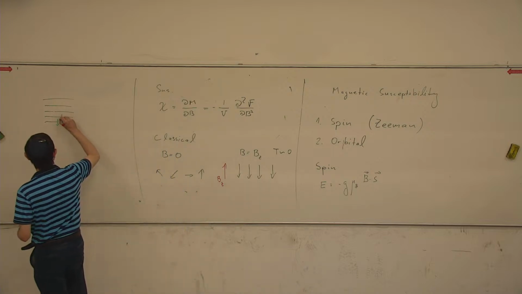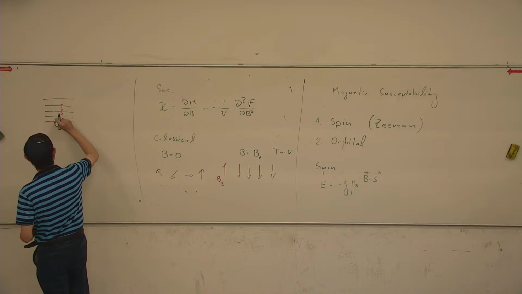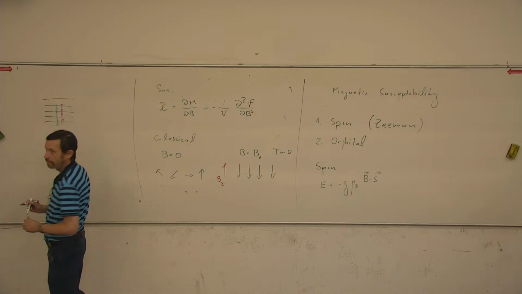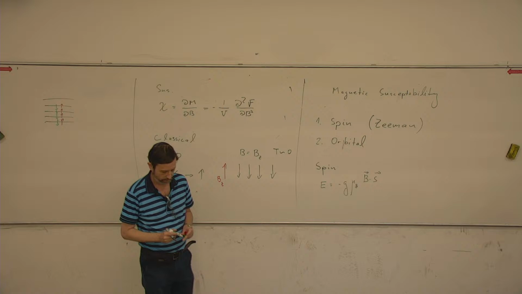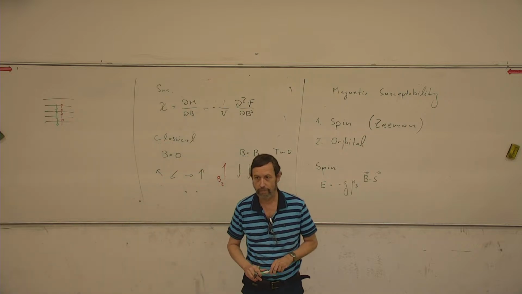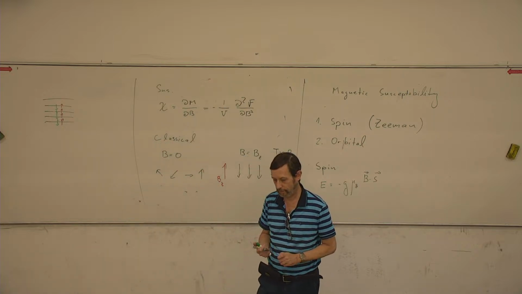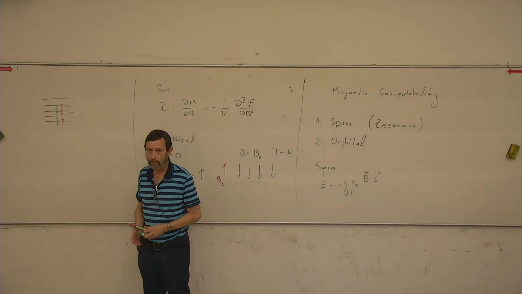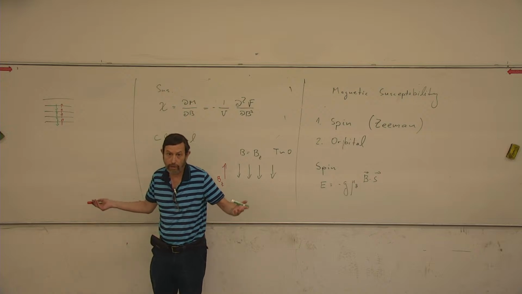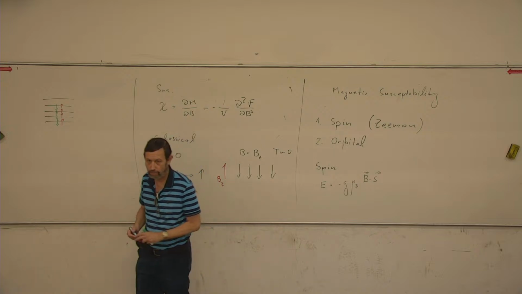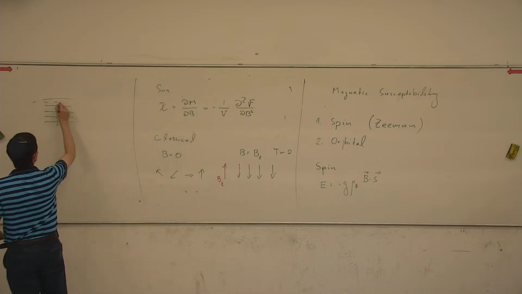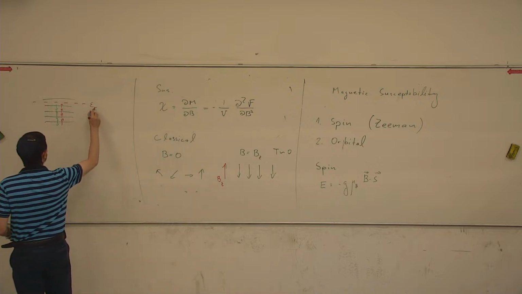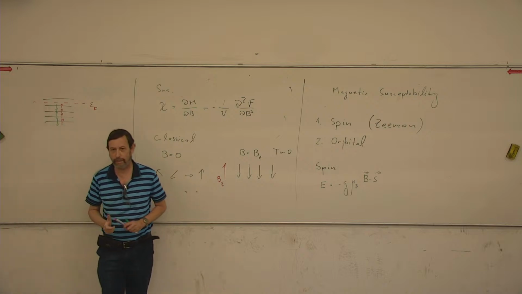So we'll have this structure, and here we'll have this structure. Okay. How much will I fill? Go according to E for me, right? I switch on a small magnetic field.